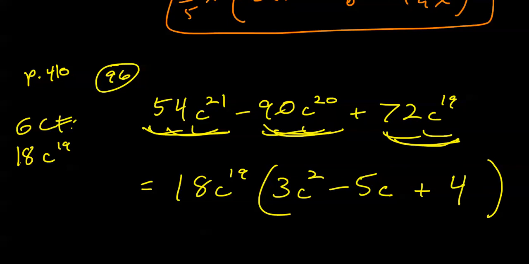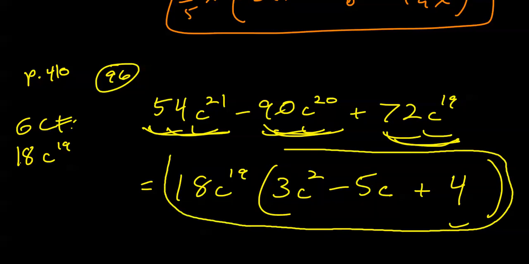And if I take out a c to the 19th, that means in this slot I'll have no factors of c. Yeah, so 4 will be our last slot, and this gives us a final answer. 18c to the 19th times the trinomial 3c squared minus 5c plus 4.